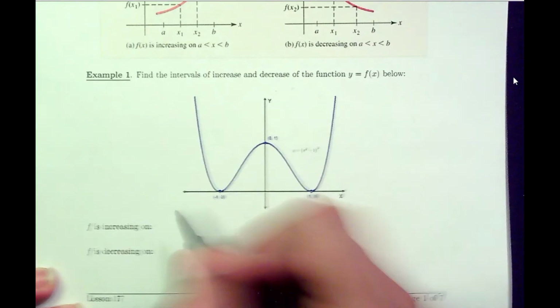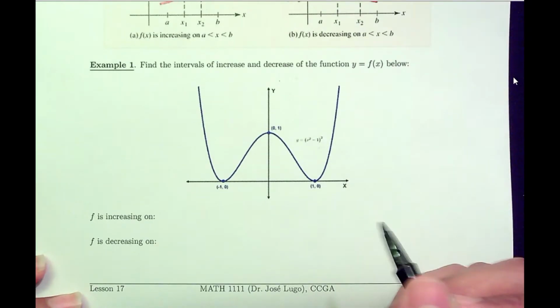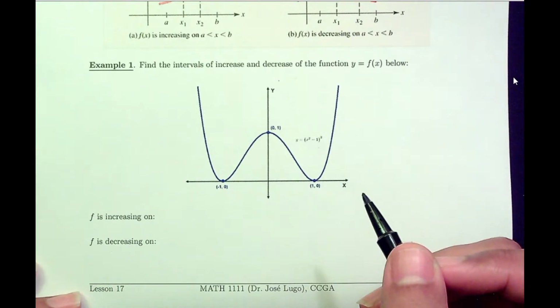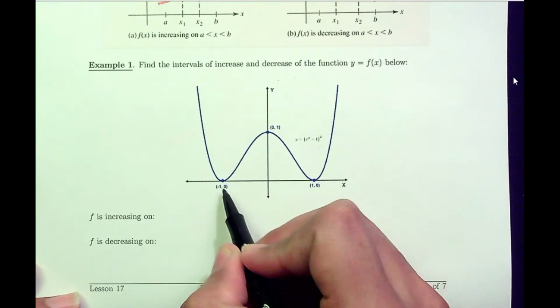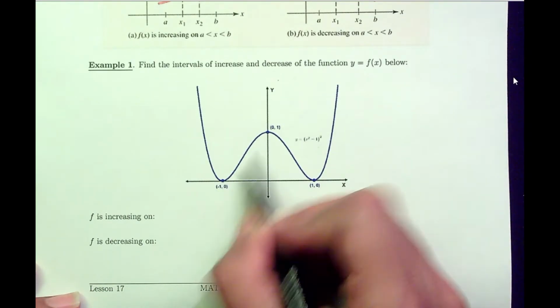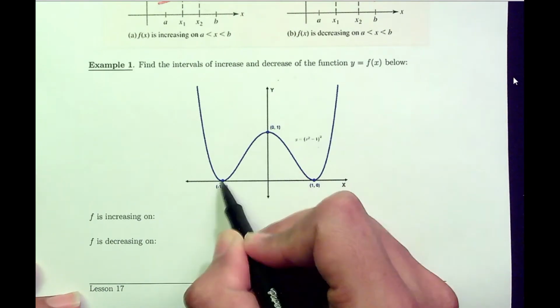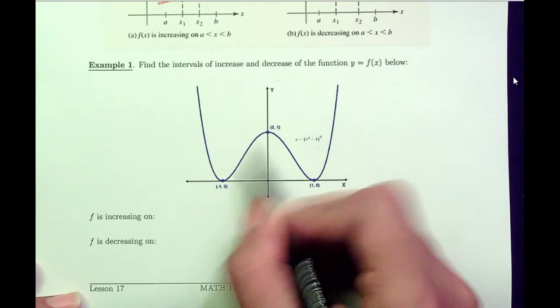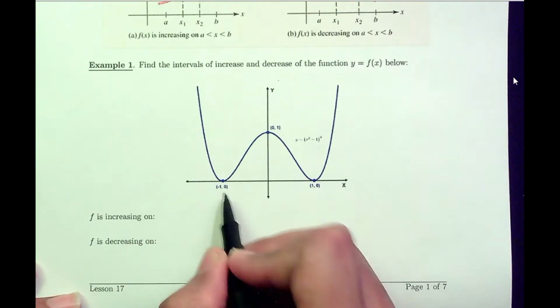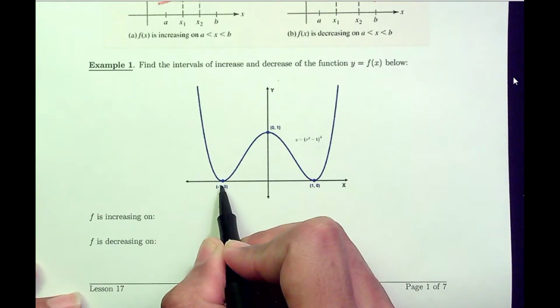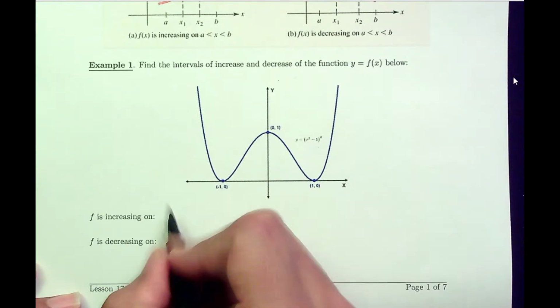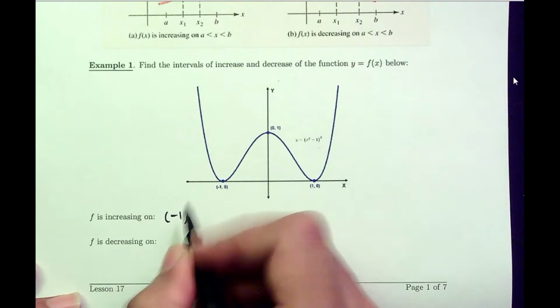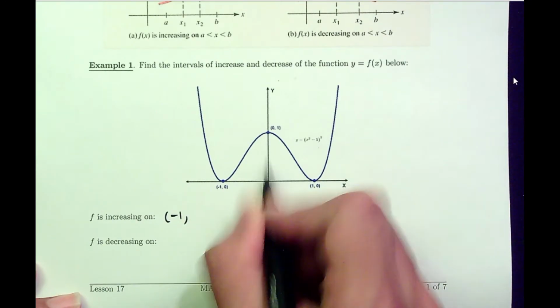So let's write down the intervals where the graph is increasing. The graph is increasing in this piece right here. It goes up as you move from left to right on this piece. Looking at the x coordinates, that means it goes up from -1 to x equals 0, so to 0.